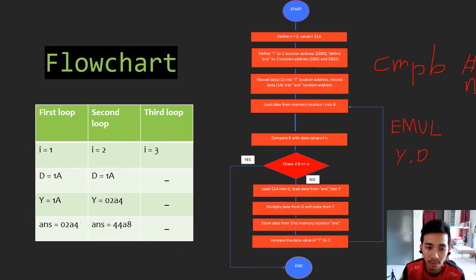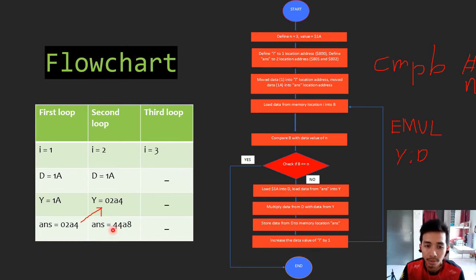The answer from the first loop is stored into Y. Then you multiply the data, and the answer will be 4488. The answer of that multiplication will be stored into the answer, so the new data value of answer will be 4488, and then it increases I again by 1.